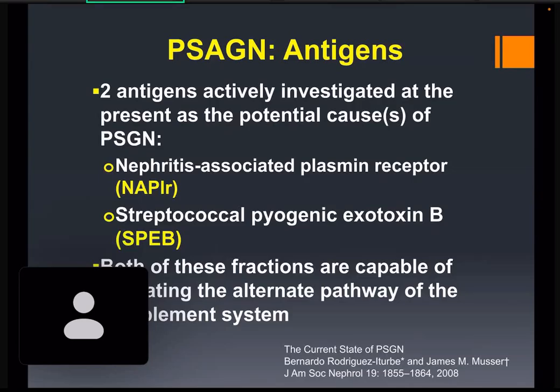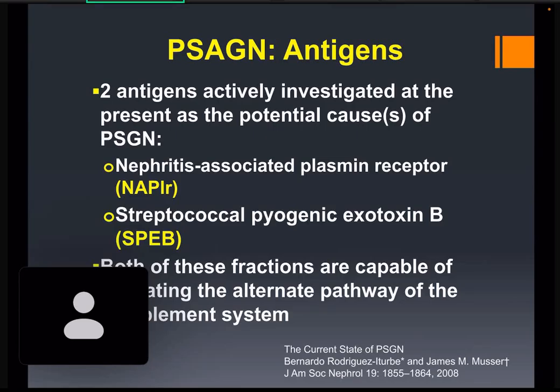Before, when I was a student, there were the M proteins, the antigens of PSGN. But right now, there are only two antigens that have been investigated as a potential cause of PSGN.